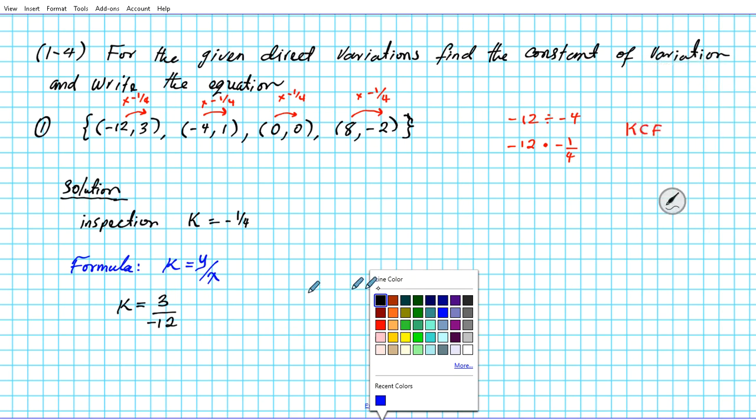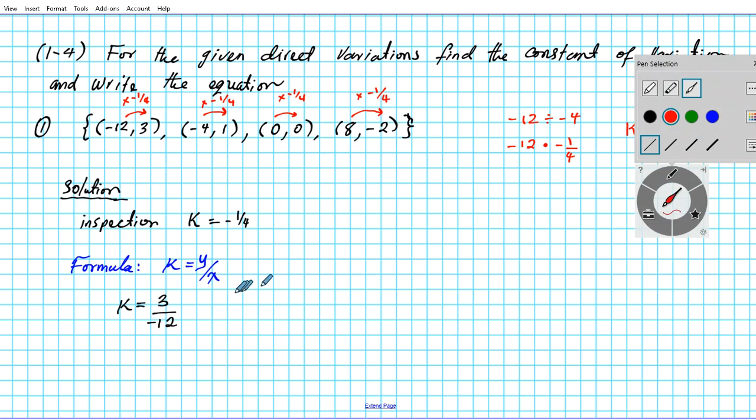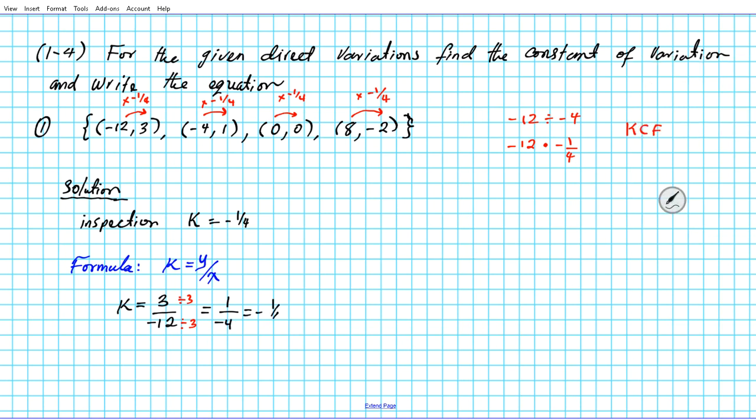If you divide that out, how do we reduce that? We can reduce this by dividing the top and bottom by the GCF, which is 3. So divide by 3, divide by 3, and that will give us our desired constant of variation. 3 divided by 3 is 1. -12 divided by 3 is -4. And you can just write this as -1/4.